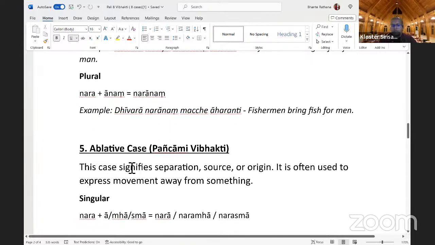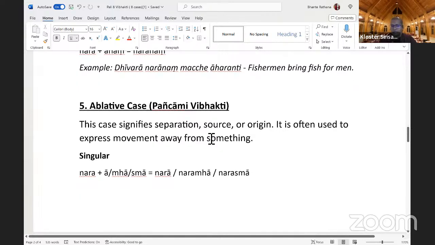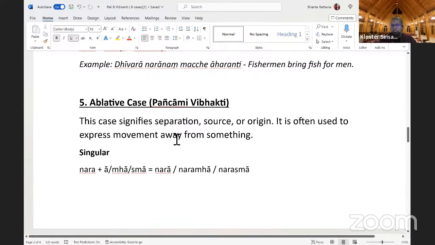And number 5, the ablative case, Panchami Vibhakti. This case signifies separation, source, or origin. It is often used to express movement away from something. Is that clear?